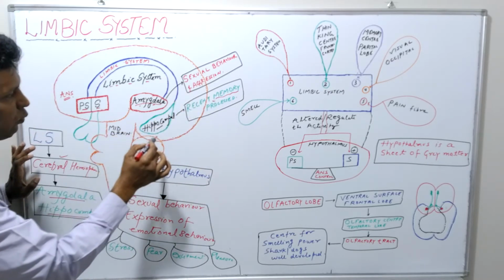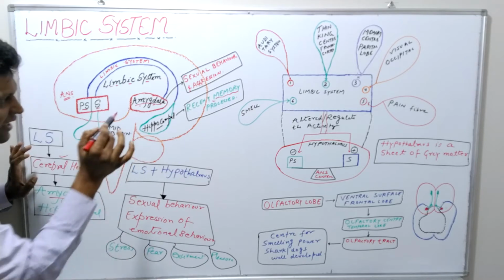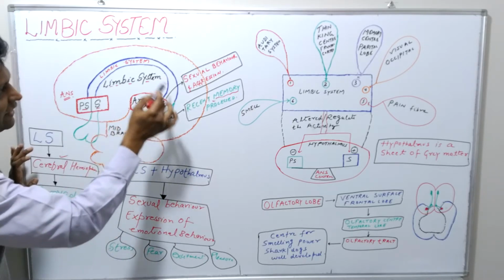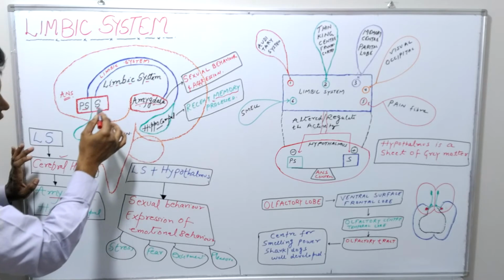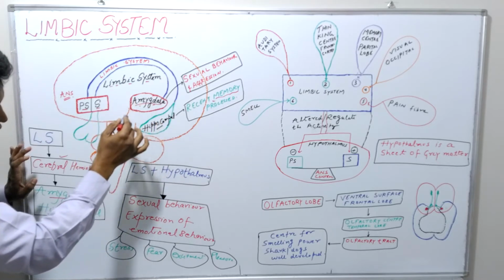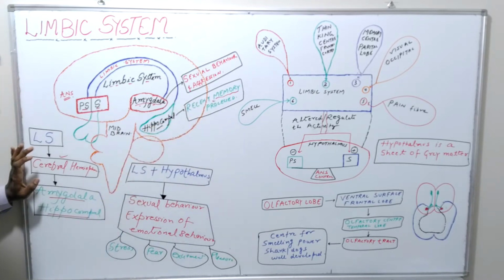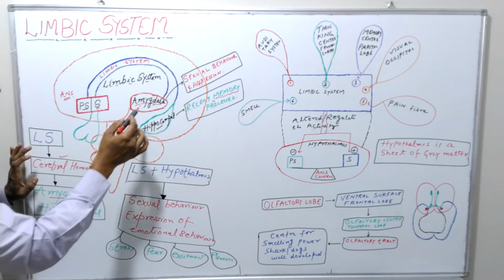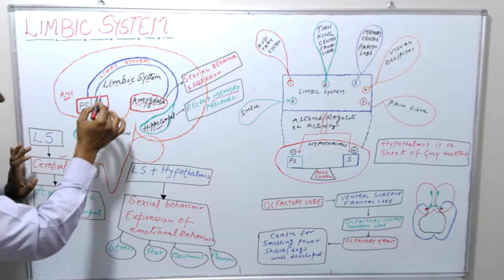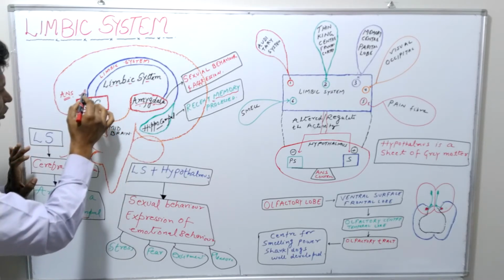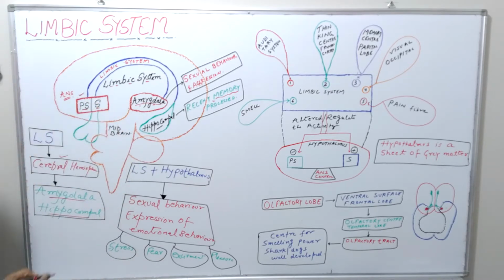Because when this area is stimulated or activated, the fiber of this area is going to perform a role in sexual behavior and recent memory, which is attached to your limbic system, and this limbic system is associated with your hypothalamus.